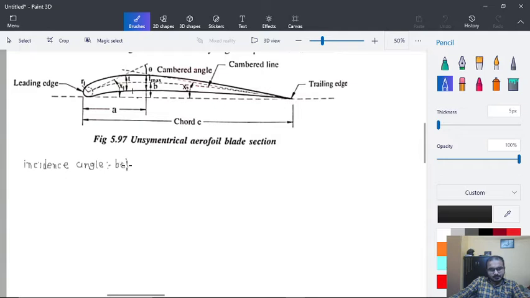It is the angle between the direction of velocity of approach and camber line.